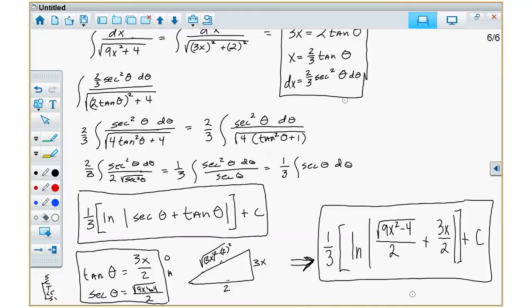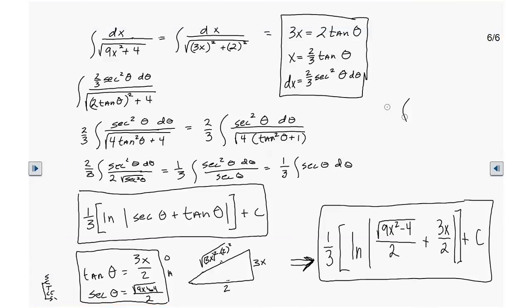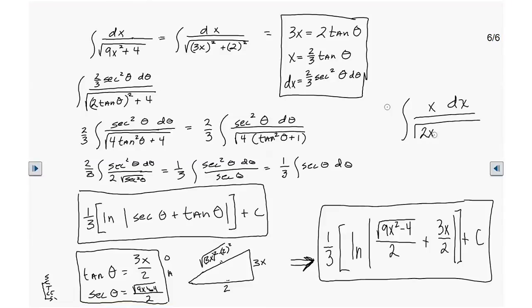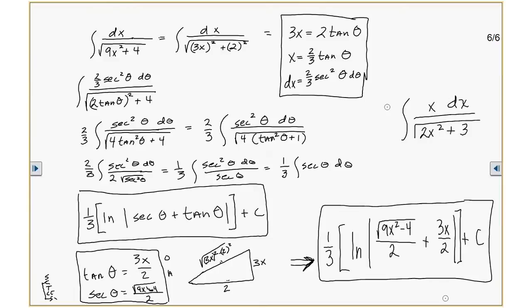What if I gave you the antiderivative of x dx over the square root of 2x squared plus 3? What if I gave you that?